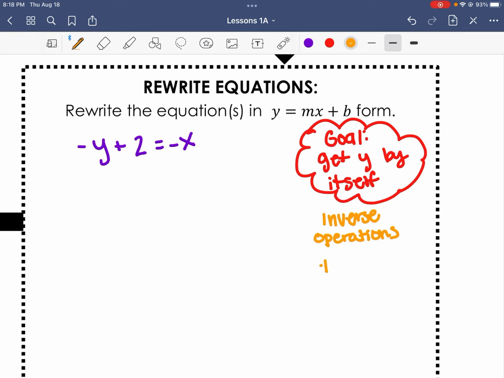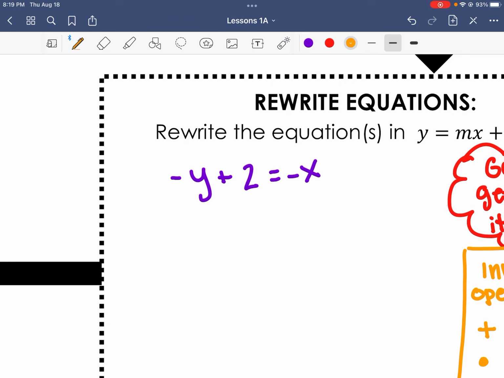So if I add something, if I give you $2, I can make it $0 again by taking it away, or subtracting it. If I multiply something, so if I have $1 and I double it, you have $2 now. I can undo it by dividing. So if you have $2 and I split it in half, you're back to one single dollar. I want you to keep this in mind as we're working through this.